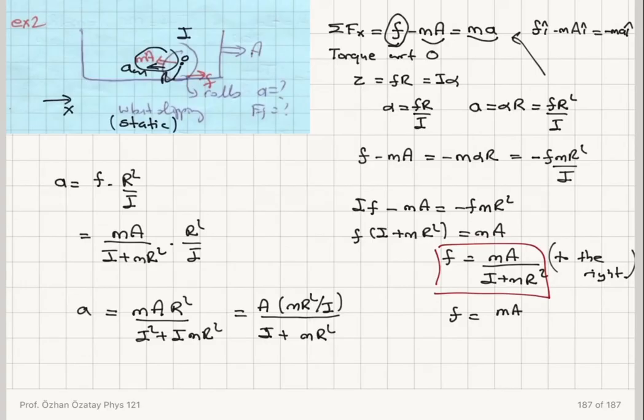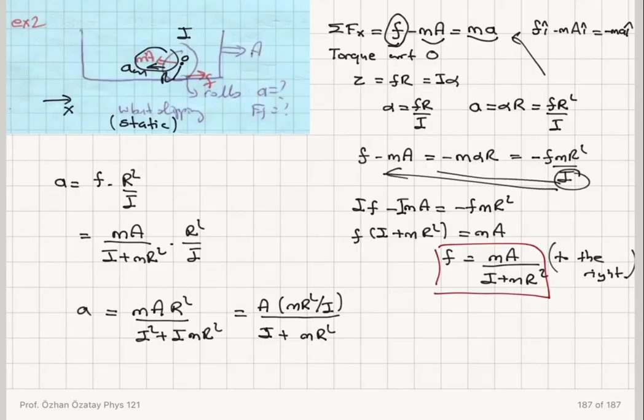So let me divide the top and bottom. Maybe I have made a mistake here. That's right, there's an I here, right? Okay.